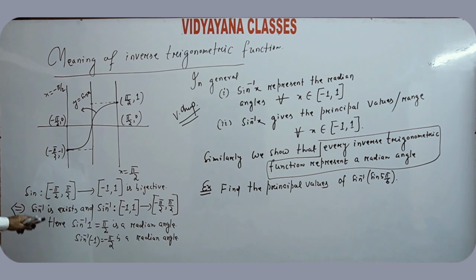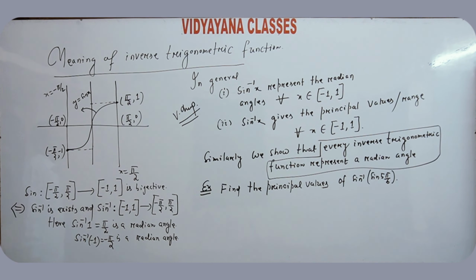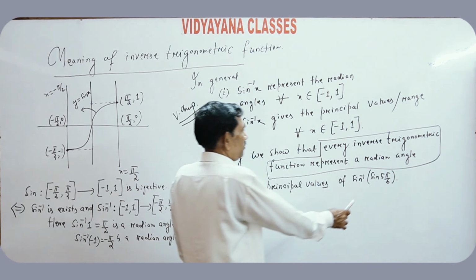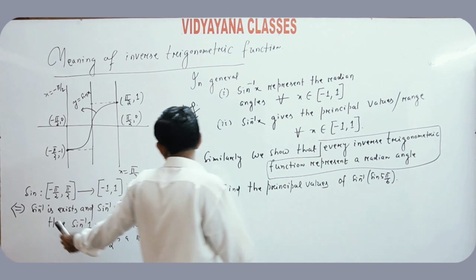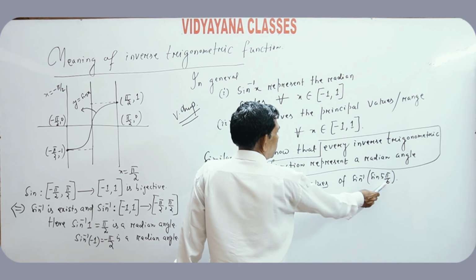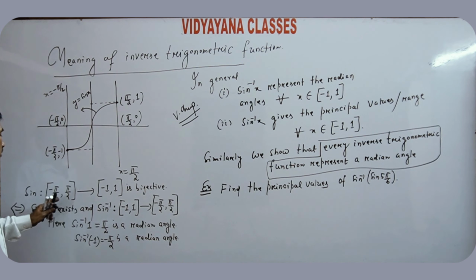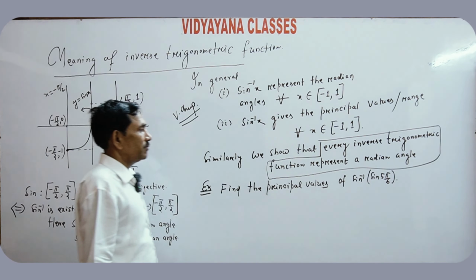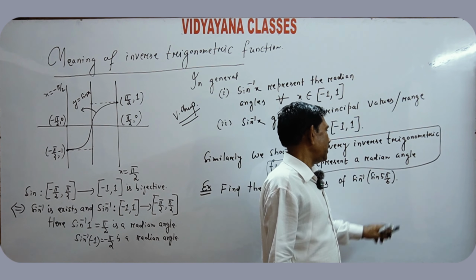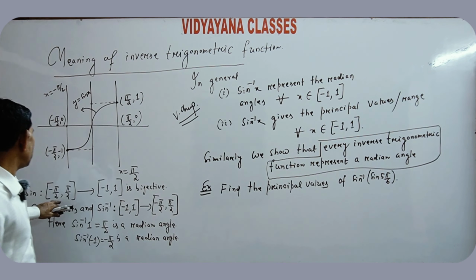Sine function is bijective when it is defined from this set to this set. Here 5 pi by 6 does not belong to this set. We have to find sine 5 pi by 6 in terms of the elements which belong to this set.